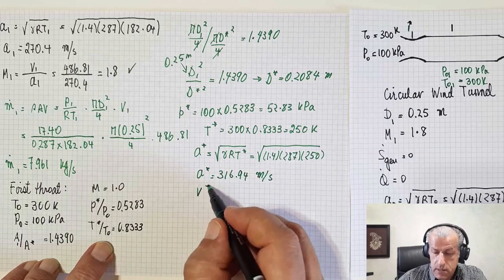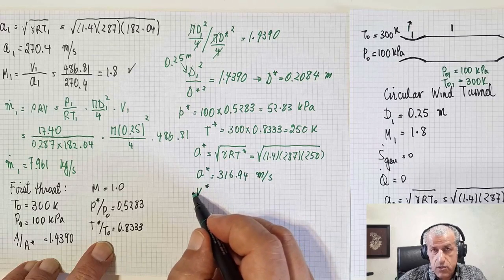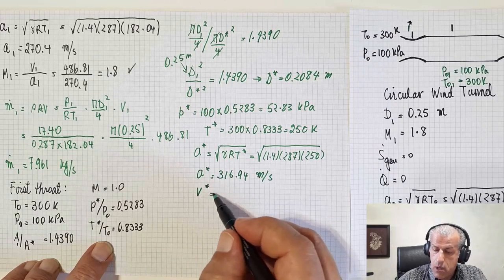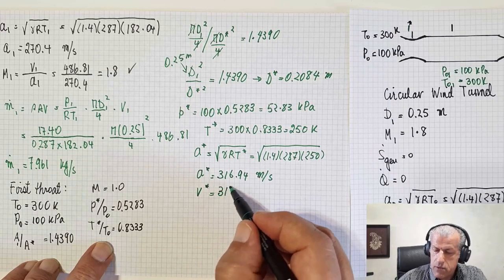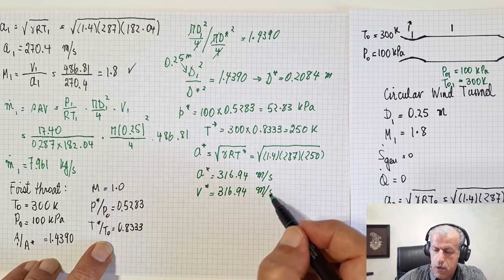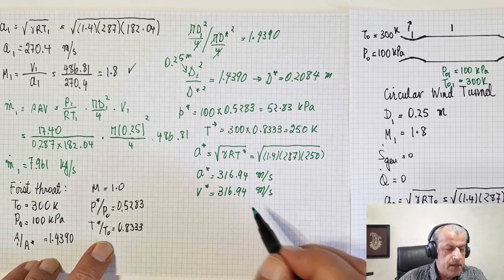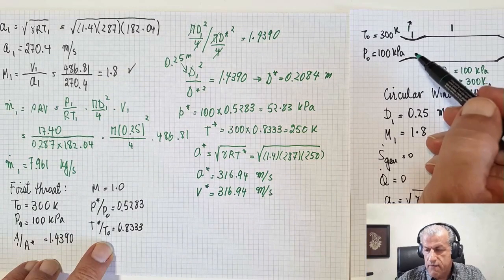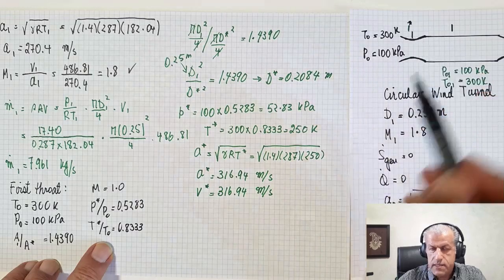Also, since it is sonic velocity at the throat, V star and a star are equal, and therefore V star would also be 316.94 meters per second. Now, these are all the values for station star.